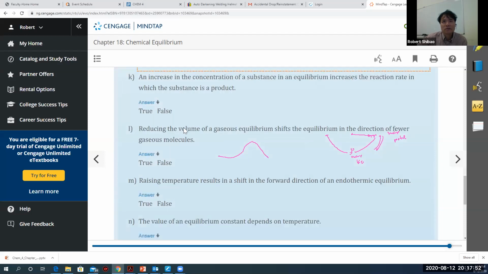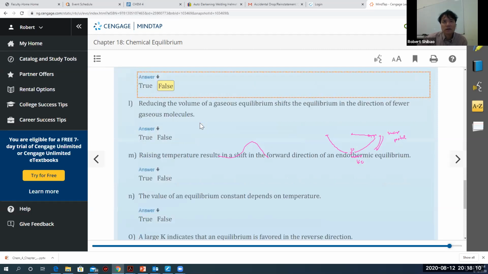An increase in the concentration of a substance in equilibrium increases the reaction rate in which the substance is a product. That's false. Increase in concentrated substance is going to favor the opposite reaction. Reducing the volume of a gaseous equilibrium shifts the equilibrium in the direction of fewer gaseous molecules.